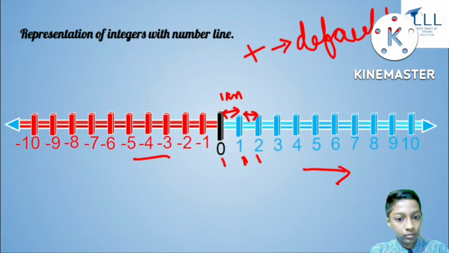So if you don't put any sign before the number, then it is considered as a positive sign. Then negative numbers are written to the left side of 0. These numbers are written together for comparing their value. As you can see, a negative number is prefixed with a minus sign.